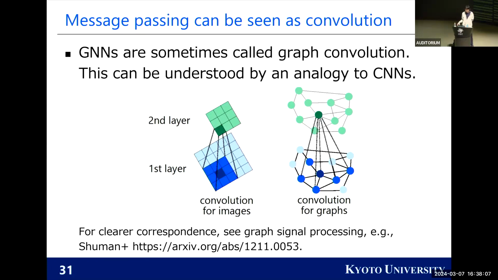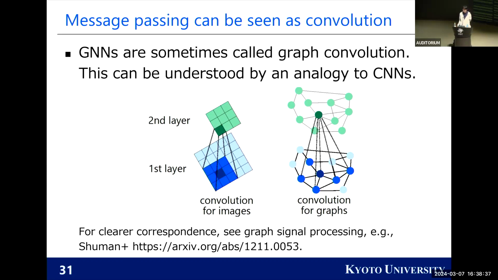And this is a very intuitive explanation, and actually there is a deeper theory for why we can say graph neural networks can be defined as convolution in terms of signal processing. This is beyond the scope of this lecture. For those who are interested, please refer to the literature in graph signal processing and graph analysis.